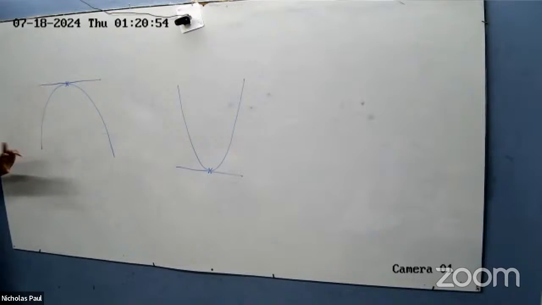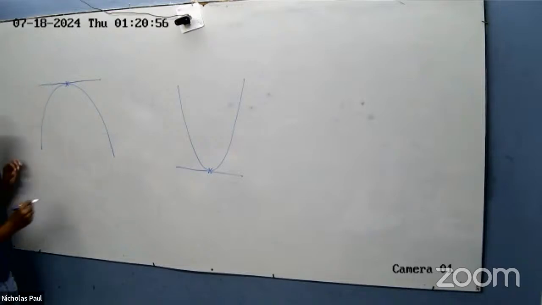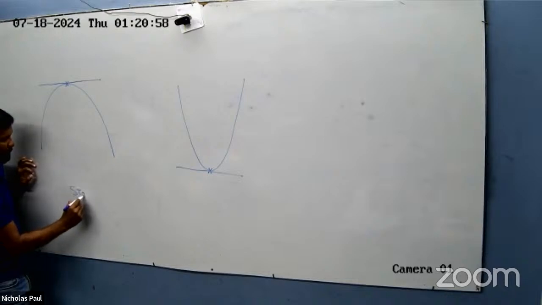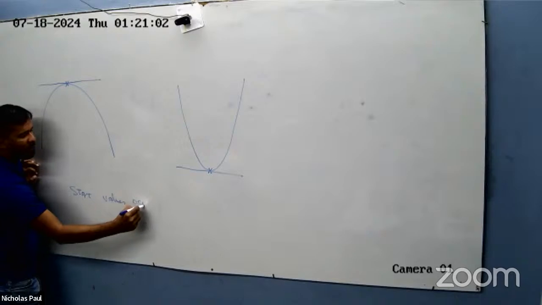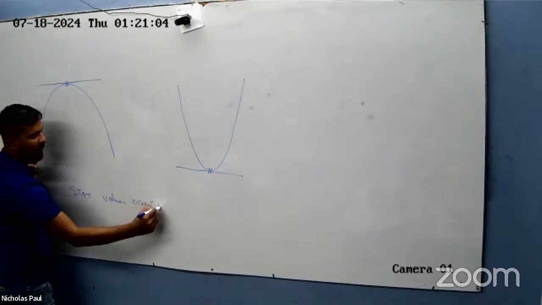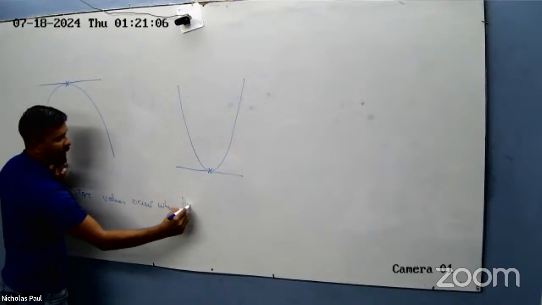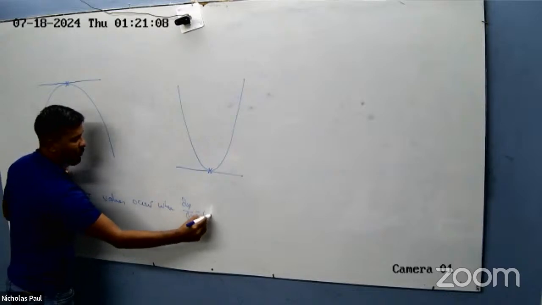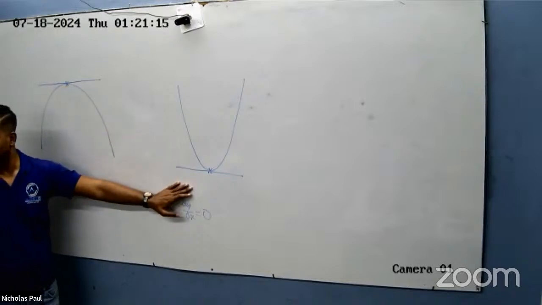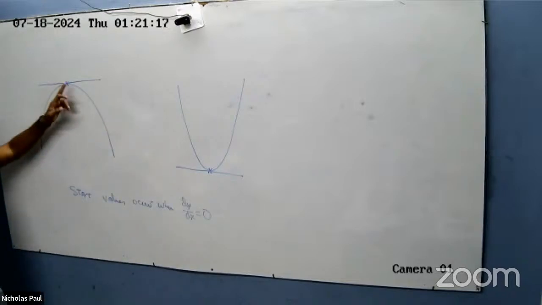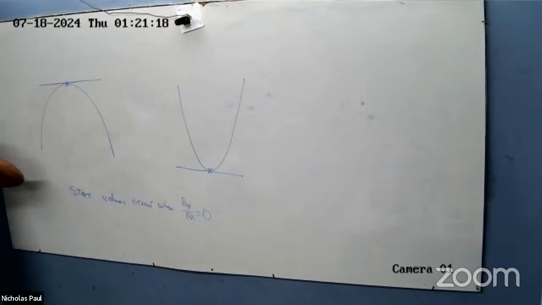So stationary values occur when dy/dx is equal to 0. Right? Stationary values occur when the differential is 0.